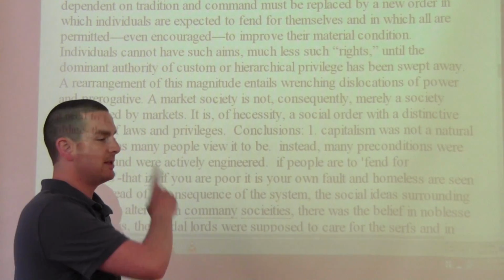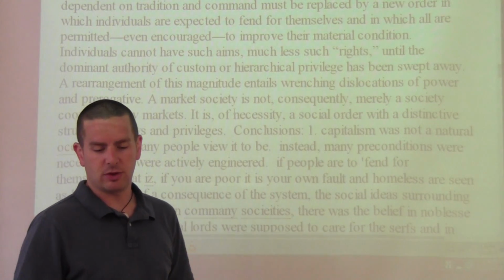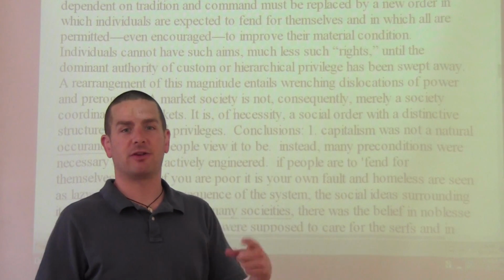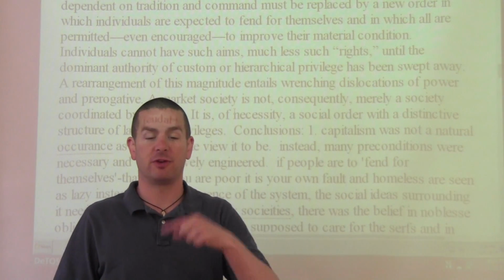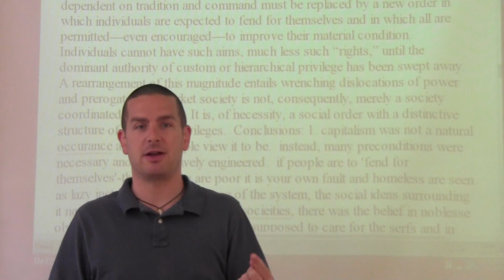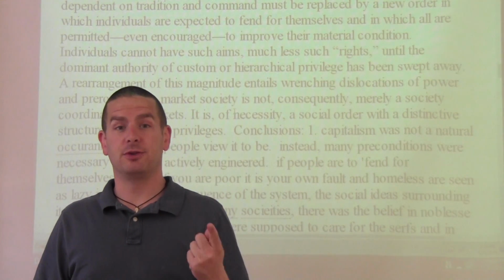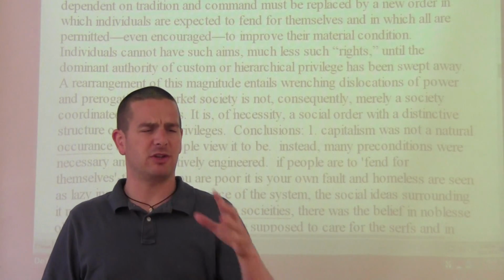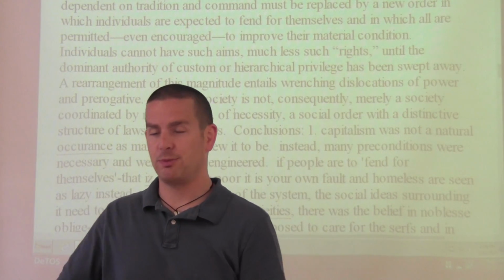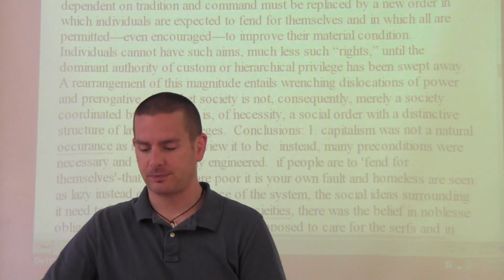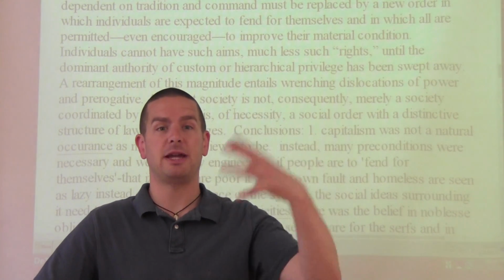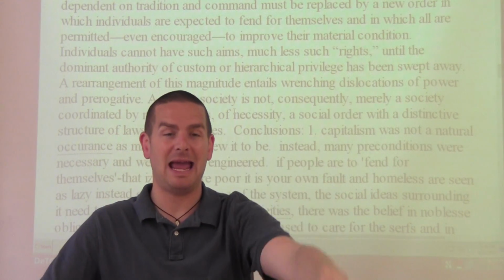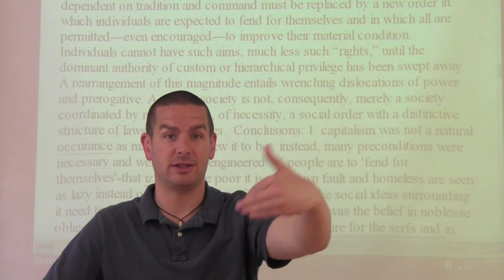What ended up happening is, in order for this market system to work, people have to believe that they are fending for themselves. In feudal times, there was something called noblesse oblige, which isn't really particularly important for this course, but noblesse oblige was a system in which, since God made you a noble or a king, you had to take care of those underneath you.